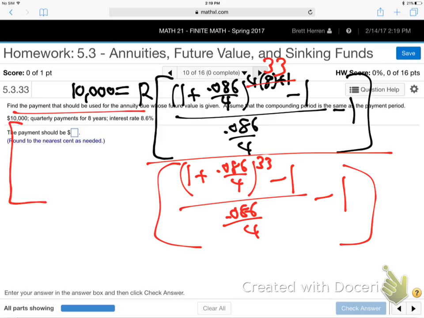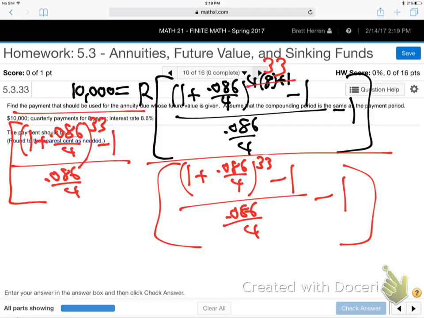You got to divide both sides by that. Boom. That'll get you R alone.